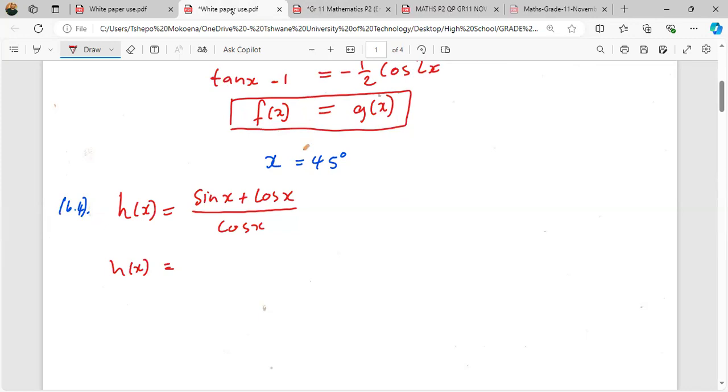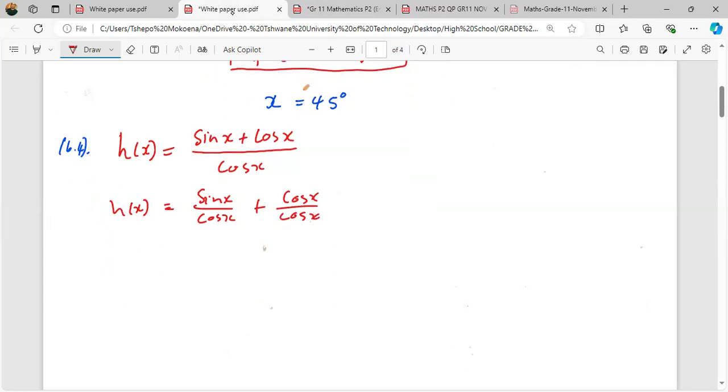When we separate this, we're going to have sine x over cos x plus cos x over cos x. I just separated this big fraction. What is sine over cos? Sine over cos is tan x. What is cos divided by cos? It's 1. So this is how the graph of h of x looks.